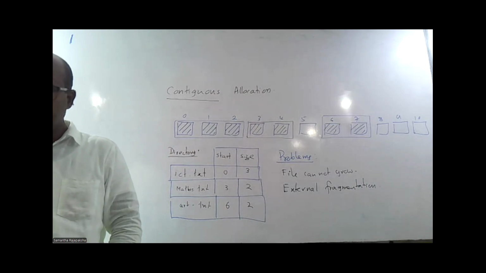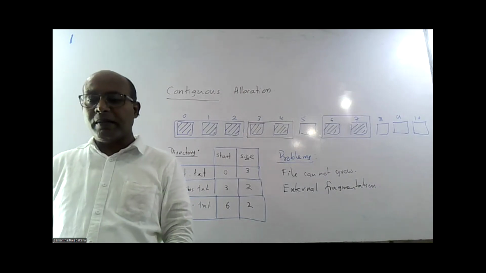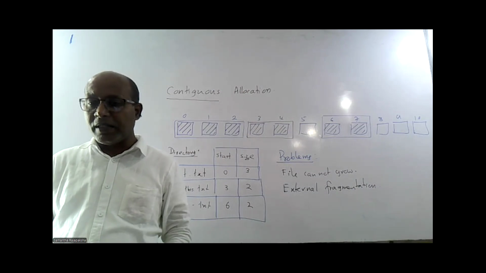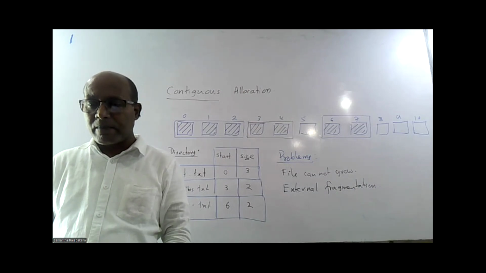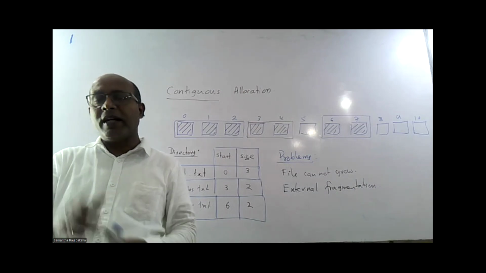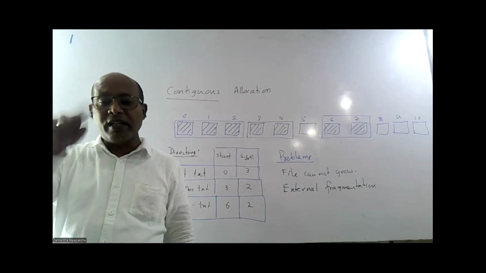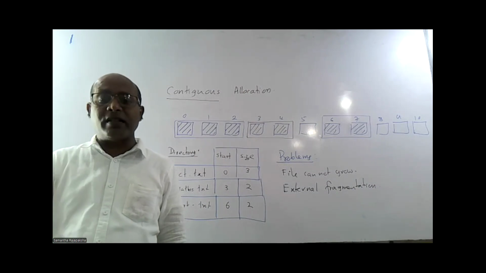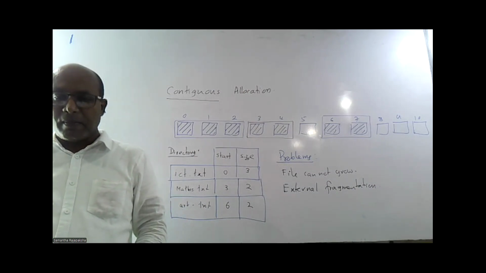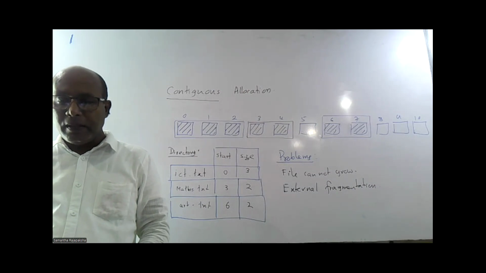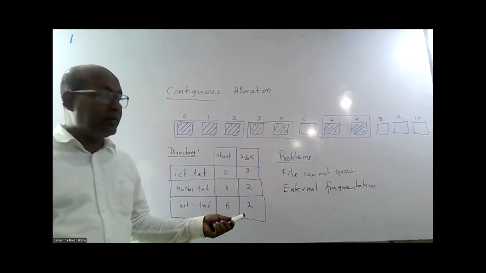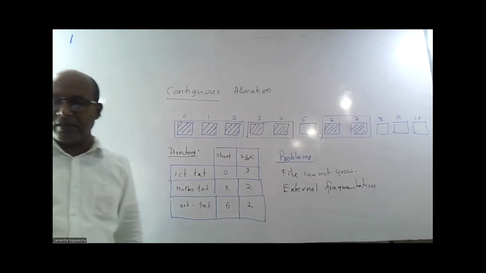Previously I explained the internal fragmentation. Can you remember that? Yes, sir. Because we allocate 4 blocks, but in the fourth one, 48 bytes are not used. That is called the internal fragmentation. Now there's another problem here, which is called the external fragmentation.